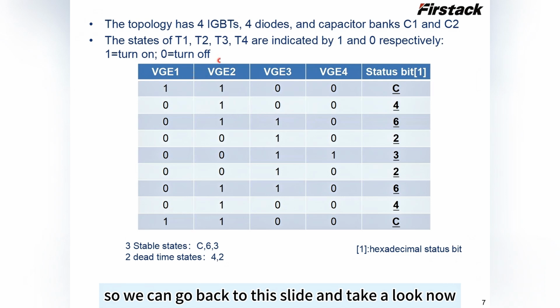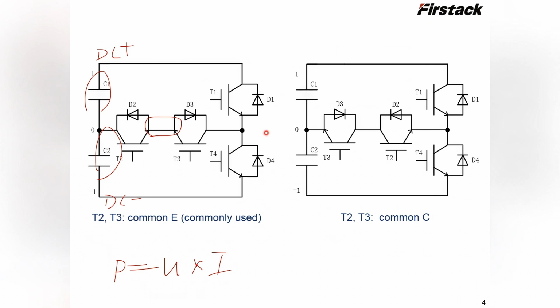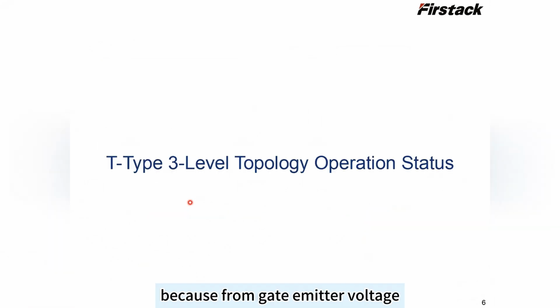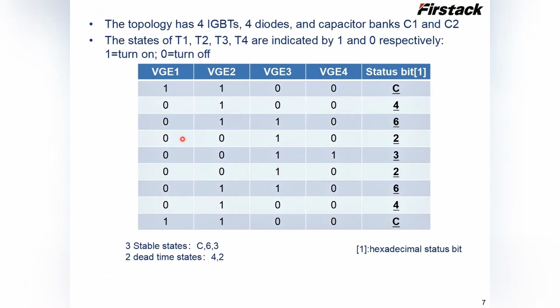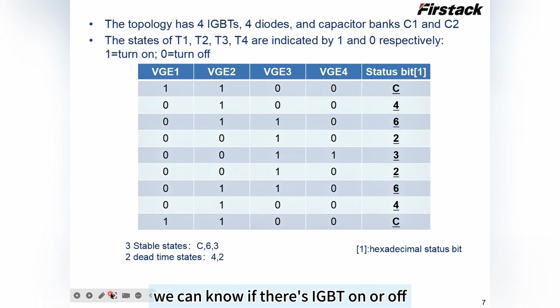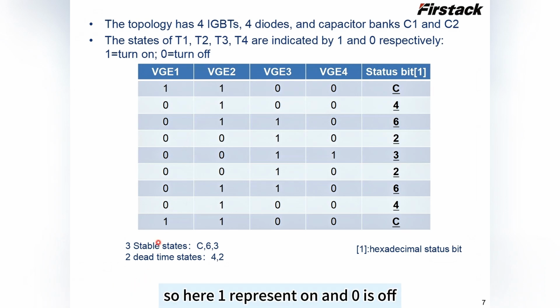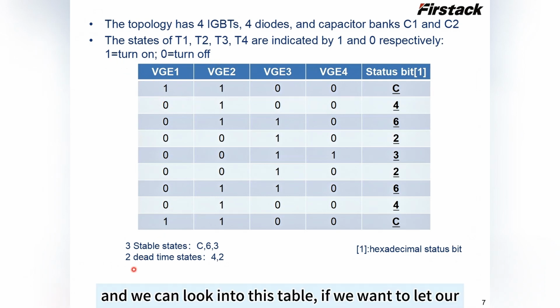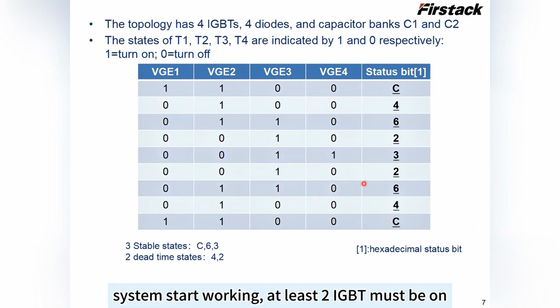So we can go back to this slide and take a look. Now, this is the topology, and we use their gate voltage VGE to represent their working status, because from the gate-emitter voltage we can know if this IGBT is on or off. So here 1 represents on and 0 is off, and we can log into this table if we want to let our system start working.